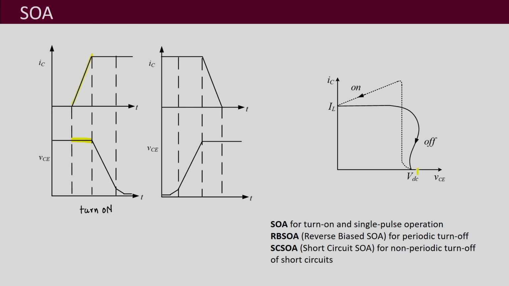So, if we plot a graph between the collector to emitter voltage and collector current, the voltage remaining the same, the current is going to increase, and then the collector to emitter voltage decreases while the collector current is still high. That is what we see here.